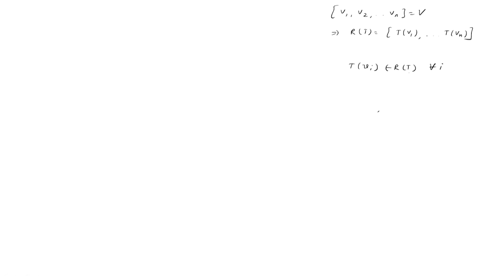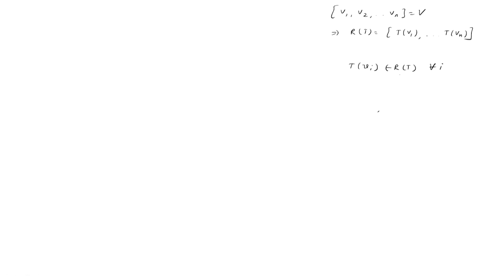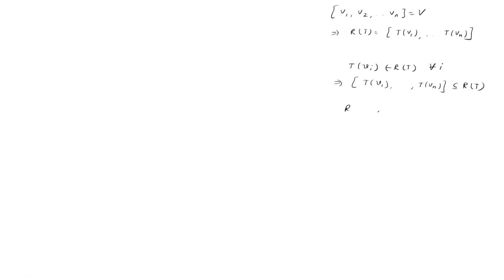So by the definition of R of T, T of Vi belongs to R of T. Since R of T is a subspace of W, we can easily say that the span of T of V1 up to T of Vn will definitely be contained in R of T. So to show that these are equal, we just have to show that R of T is a subset of the span of T of V1 up to T of Vn.